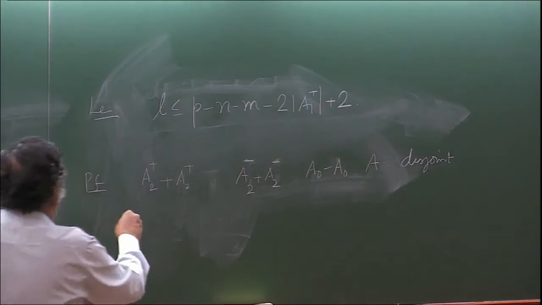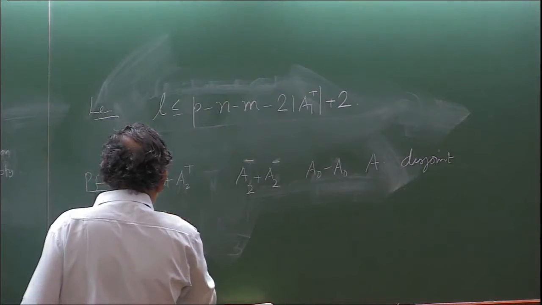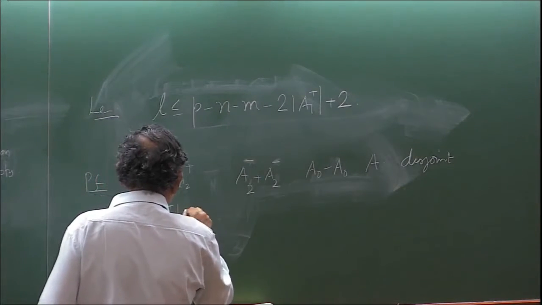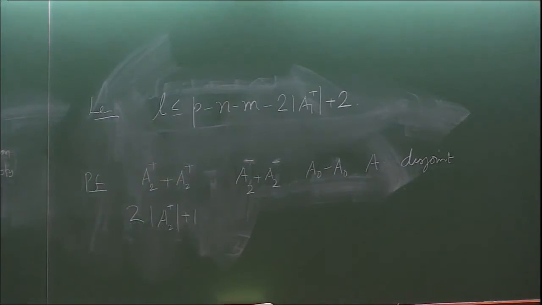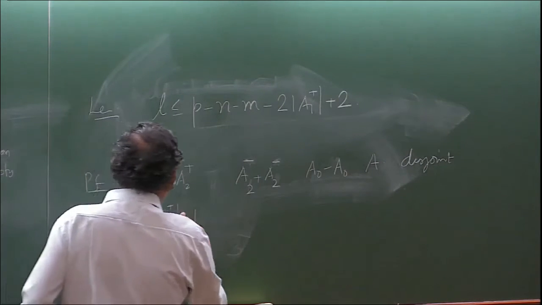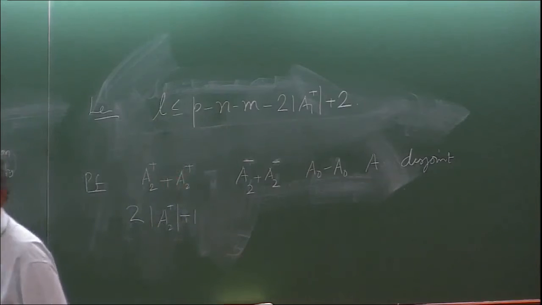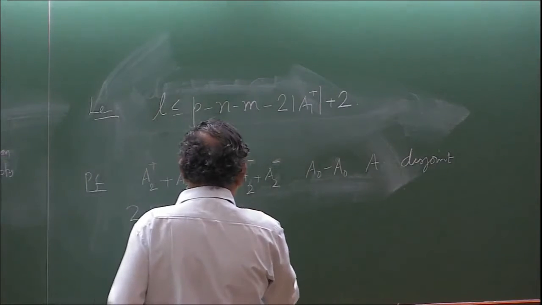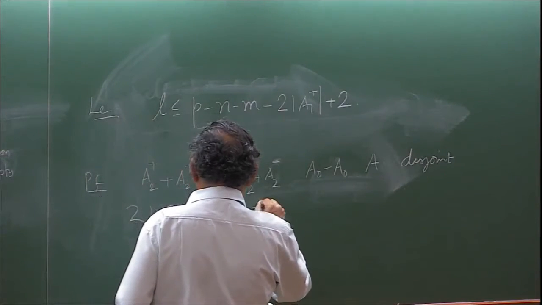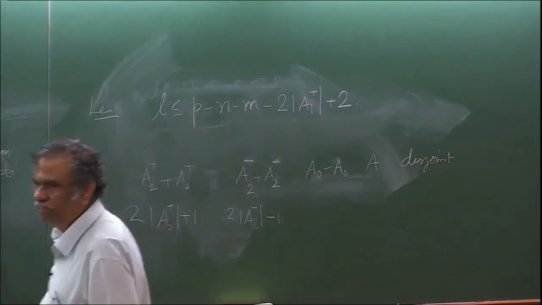And therefore, this cardinality is at least 2A2 plus 1. For the integers, it is true that A plus A is bigger than or equal to 2 times cardinality of A minus 1. And similarly, here it is 2 times A2 minus 1.